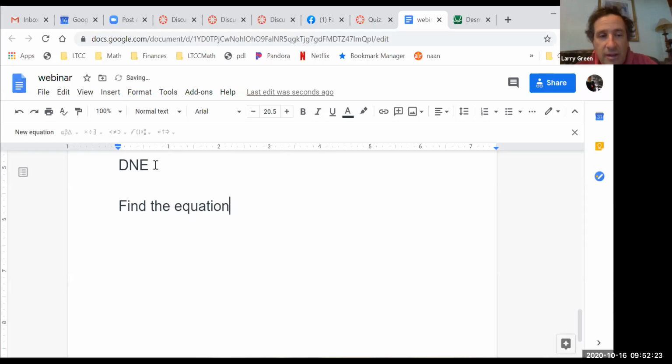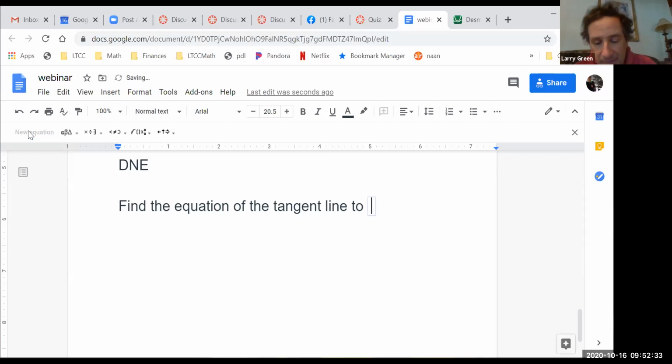Find the equation of the tangent line to xy squared plus x minus 3y equals, and let's do one, -1.